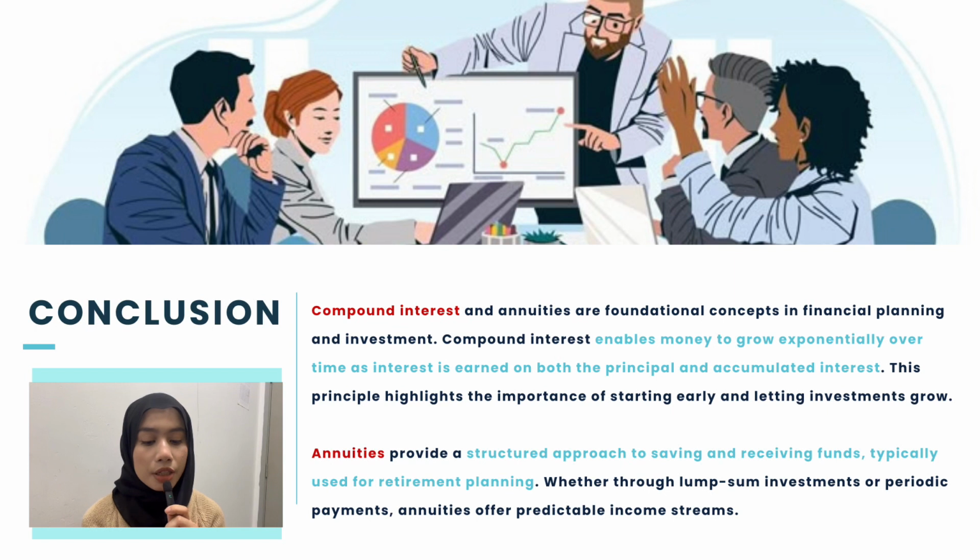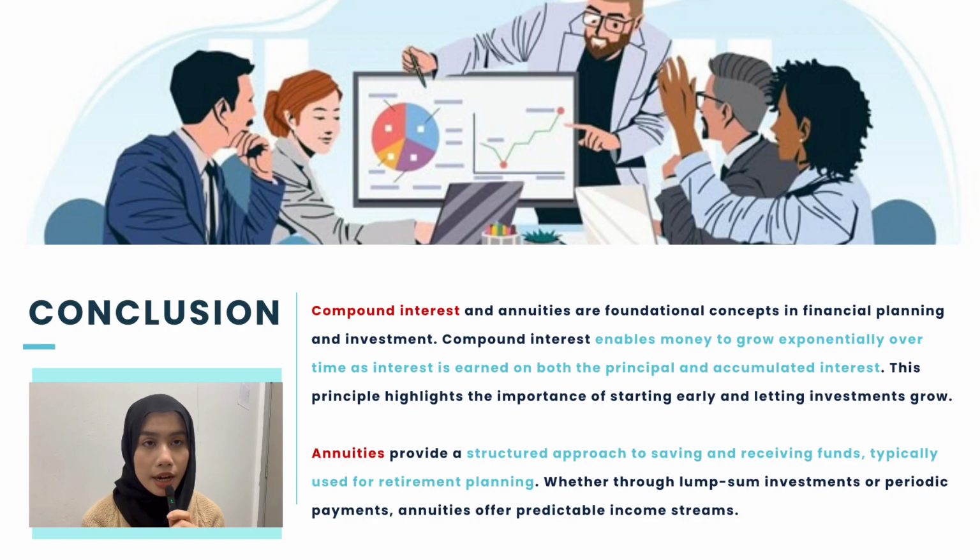So, as a conclusion, compound interest and annuities are foundational concepts in financial planning and investment. Compound interest enables money to grow exponentially over time as interest is earned on both the principal and accumulated interest. This principle highlights the importance of starting early and letting investments grow.